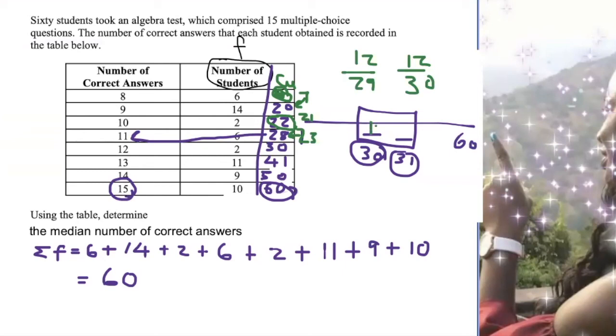So I already established that the 30th position I will have 12. So it means the next number will lie from the 31st to the 41st position. And that number that lies in that position is 13. So I will have 13 right here.